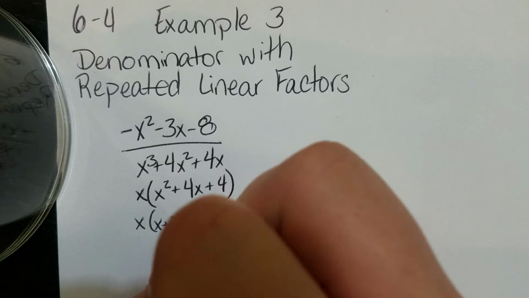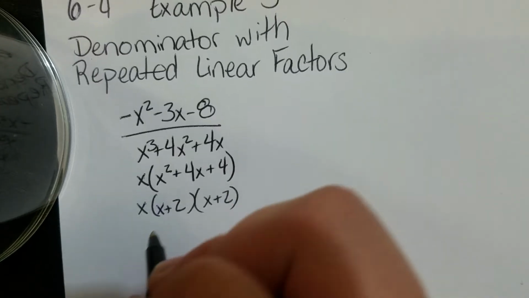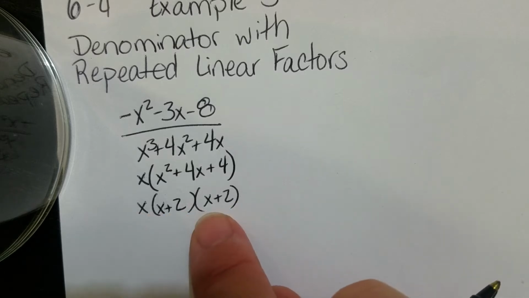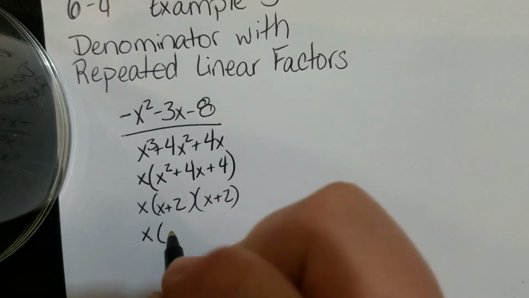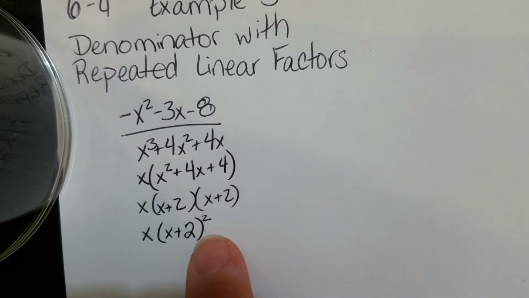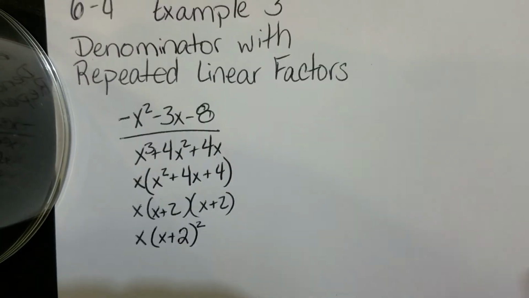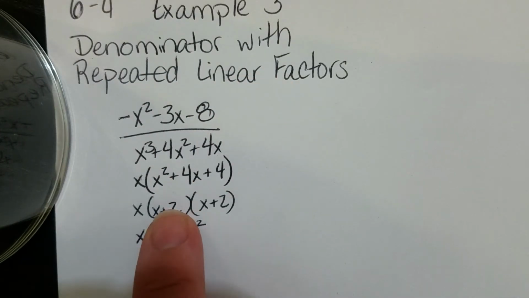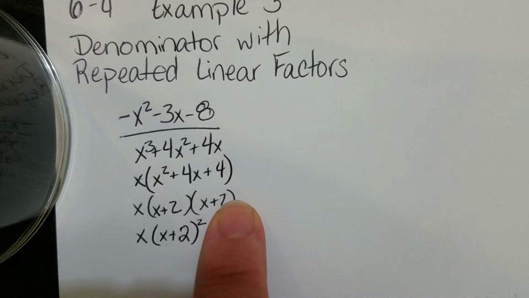So x plus 2 and x plus 2. And we can all agree that this is one way of writing it, or you could write it like this. Okay? So the idea here is that you have repeated linear factors in the denominator. So right here is a repeated factor.